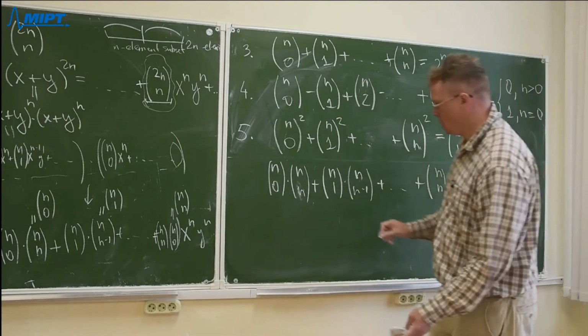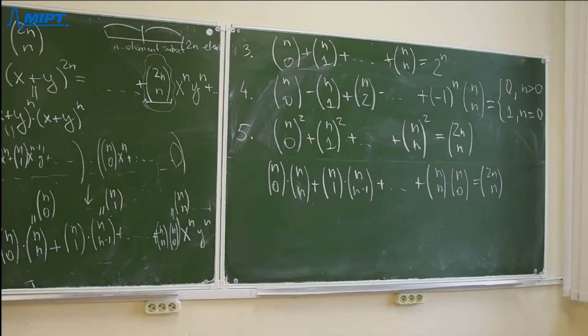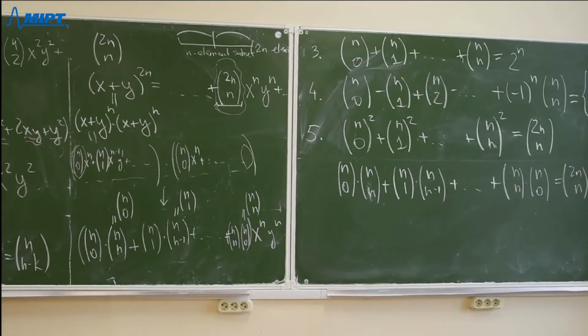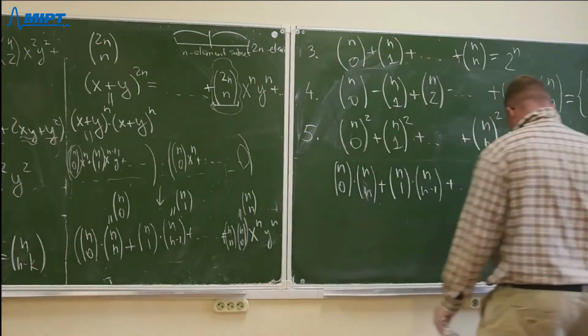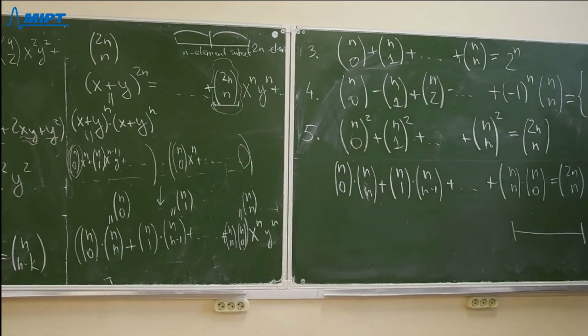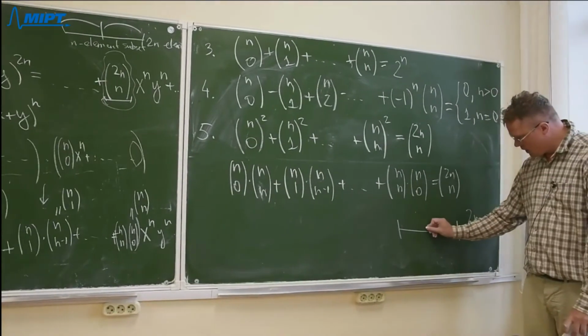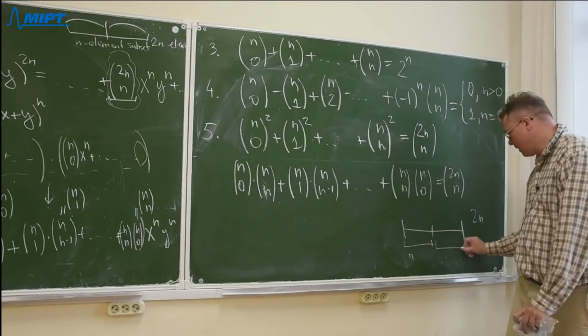And so in this expression, this formula has more sense, because I can explain it not using the binomial formula, but just using the definition of binomial coefficient. Because if you have 2n elements and you want to choose n elements, you can divide it into two parts: the first n elements and the second n elements.